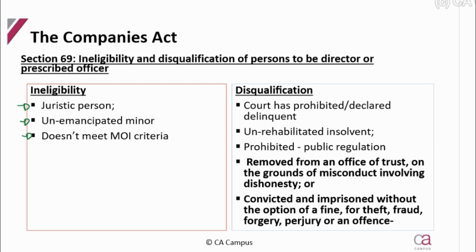Somebody could have been disqualified, so they may have started out as a normal candidate and then done something to disqualify them.